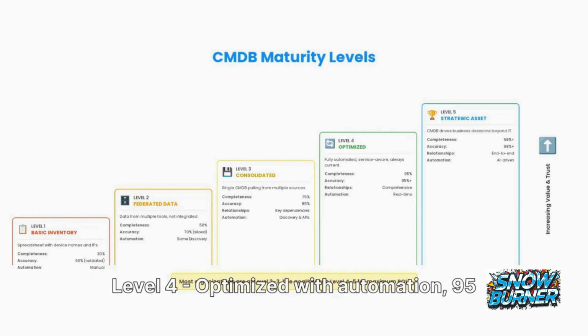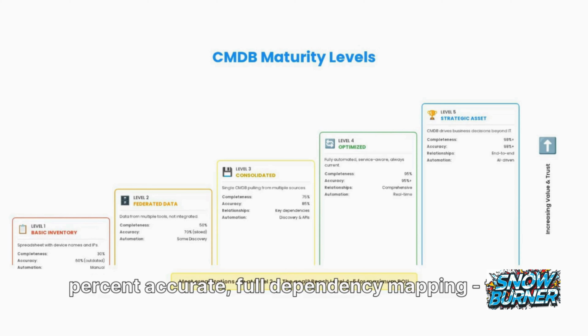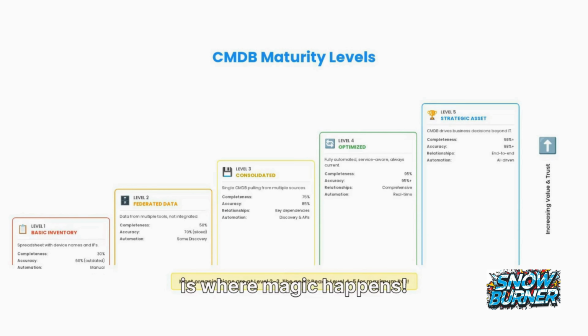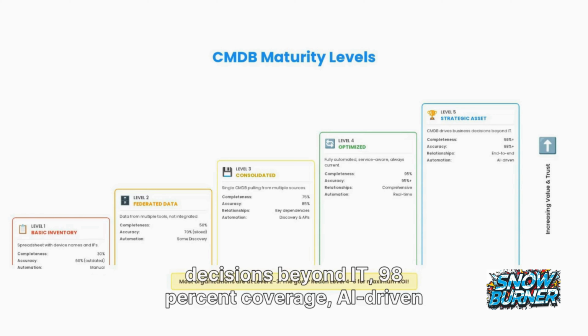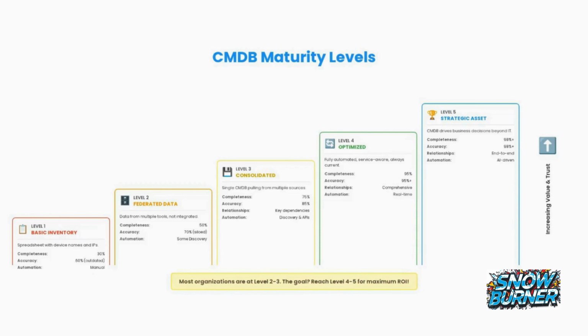Level 4, optimized with automation, 95% accurate, full dependency mapping. This is where magic happens. Level 5, strategic asset driving business decisions beyond IT, 98% coverage, AI-driven insights. Most organizations are at 2 or 3. The goal? Reach level 4 for maximum value.